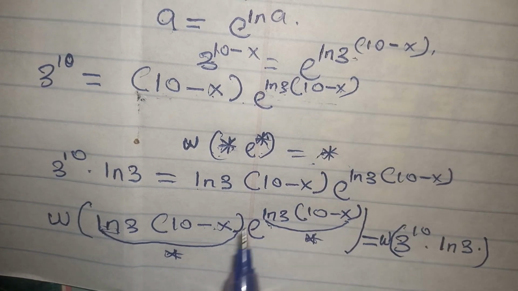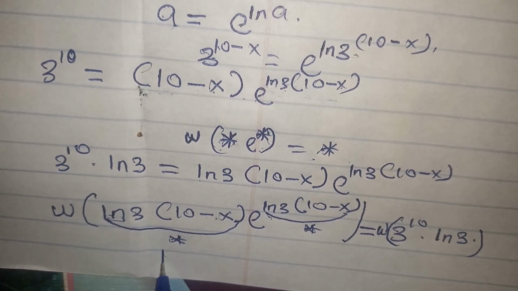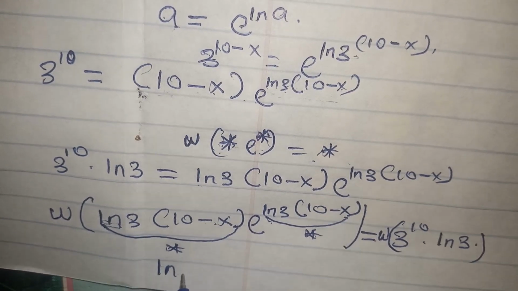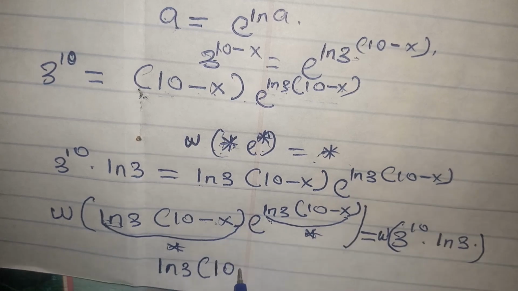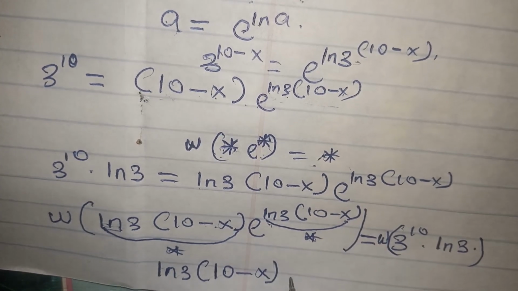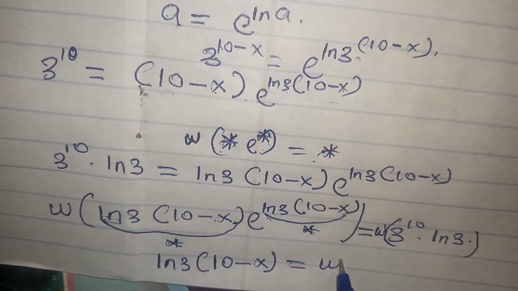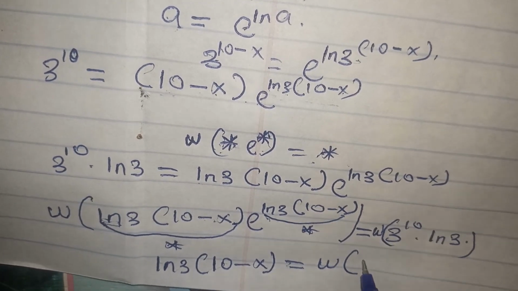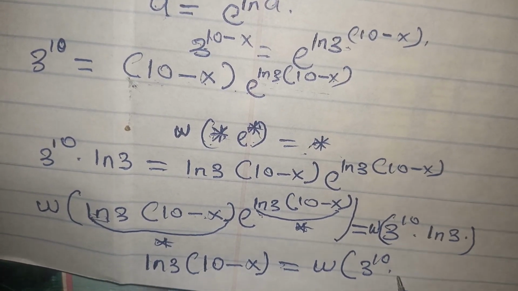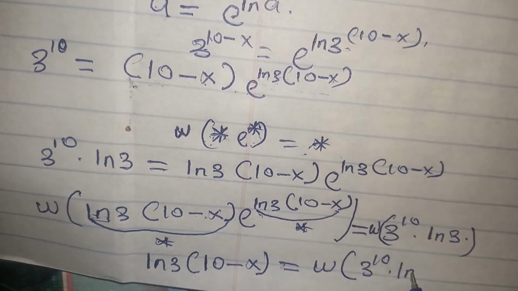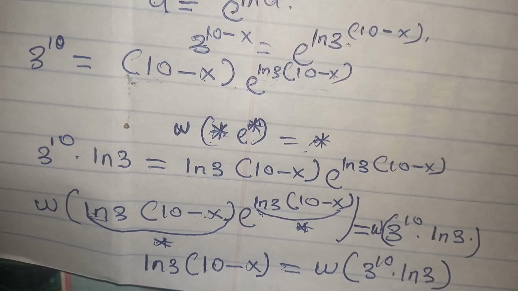So if we take the Lambert W function of it, we arrive at ln 3 (10 minus x) equals the Lambert W function of 3 to the power of 10 times ln 3. Okay, so this is what we are now having.